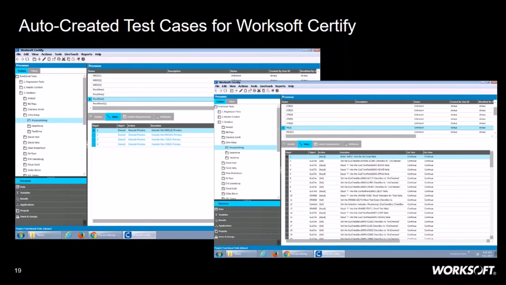Again, in parallel, we can also use that same information that we've captured to create automated test cases that we would then build in Certify. So from Analyze, we're able to generate, without any sort of coding, the test scripts, the test processes in Certify. And if you think about it, this is really a key area where you get the payoff for Agile, right?